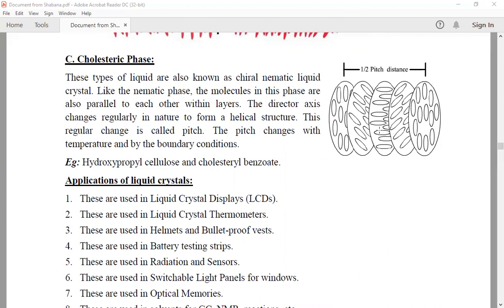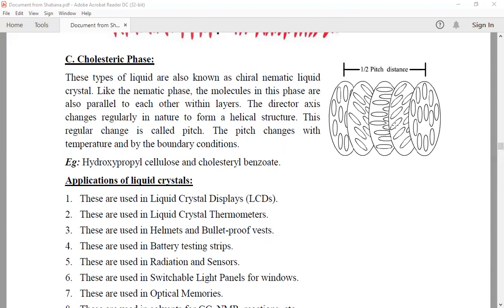The molecules are aligned parallel to a preferred direction as in the nematic phase. When proceeding in a direction normal to the plane, the preferred direction rotates continuously. The result is a helical structure. Like the nematic phase, the molecules in this phase are also parallel to each other within the layer.